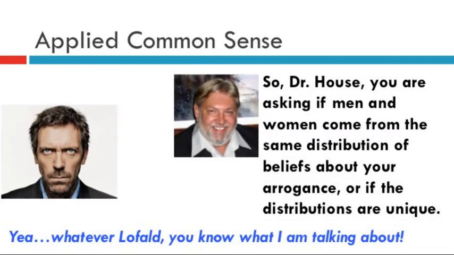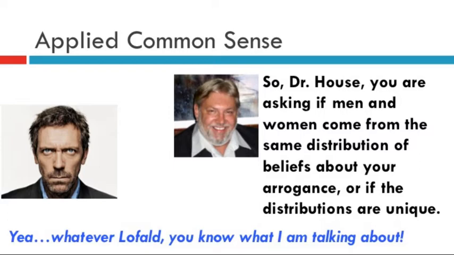I'm going to play the role of interrogator, and so I'm going to ask Dr. House, you're asking if men and women come from the same distribution of beliefs about your arrogance, or if the distributions are in fact unique. In other words, that's the question that we're supposed to be asking.